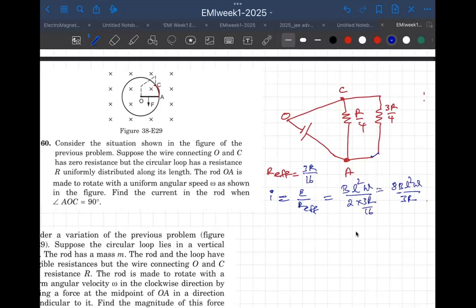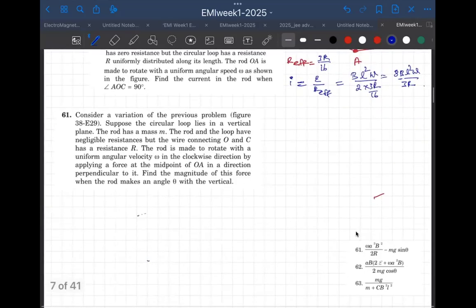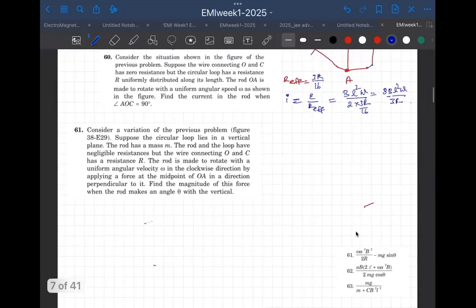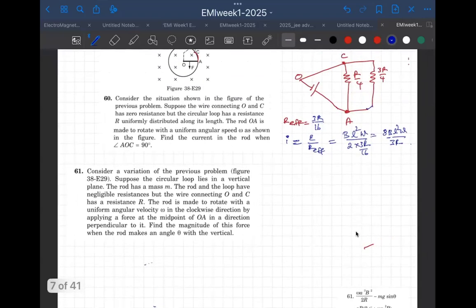Any doubts, boys and girls? Pakka. Do the next question then. See, all these are H.C. Verma questions only.